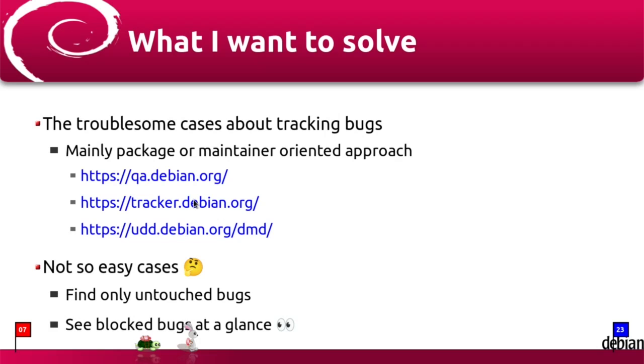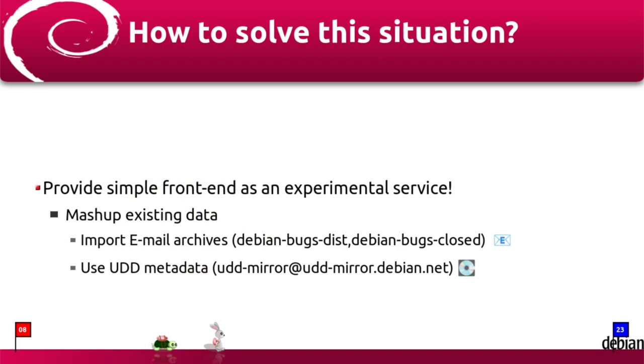For example, it is troublesome if you want to find only untouched bugs or see blocked bugs at a glance. It seems that these issues are not covered well. How to solve this situation?